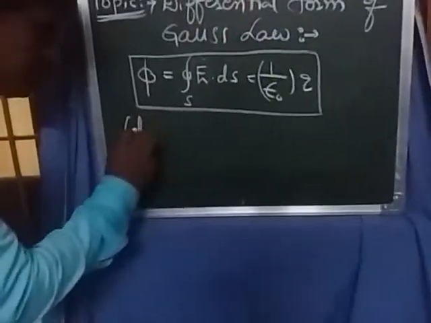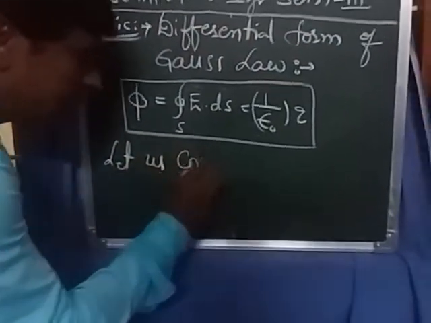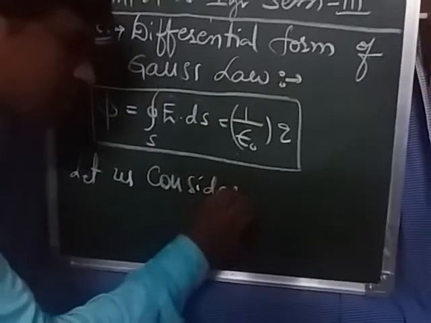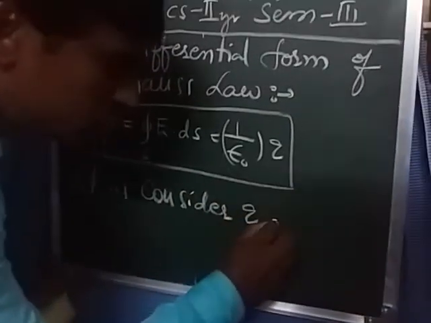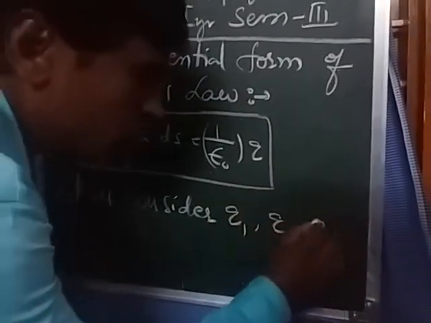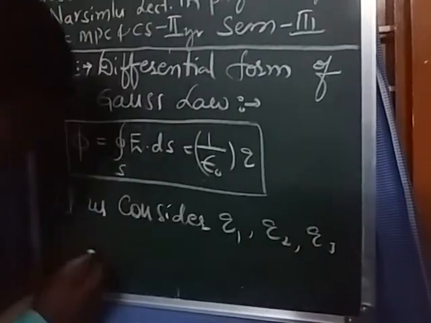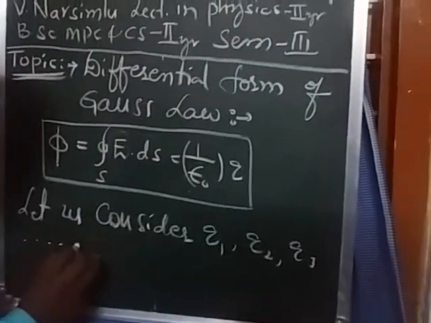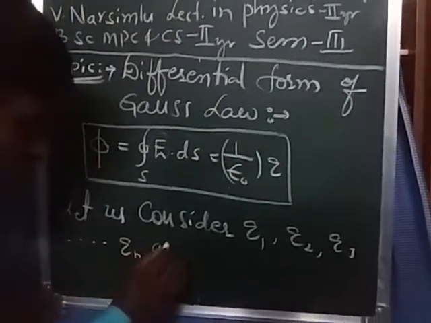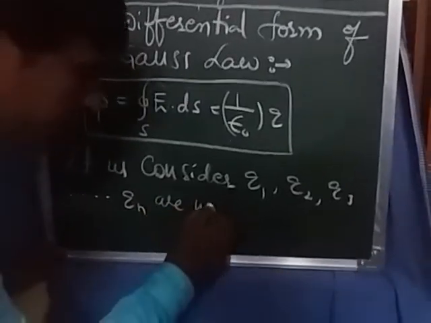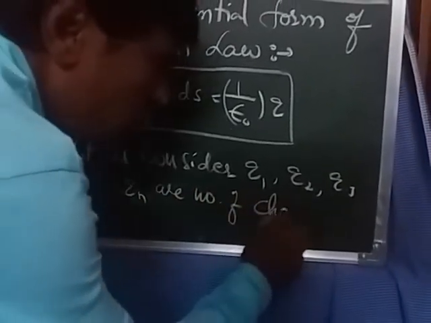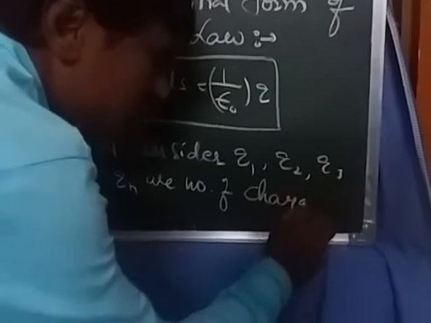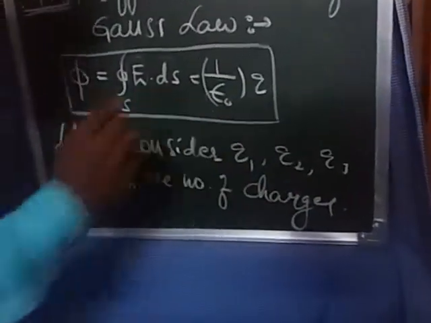Let us consider charges q1, q2, q3, and so on up to qn, a number of charged particles.